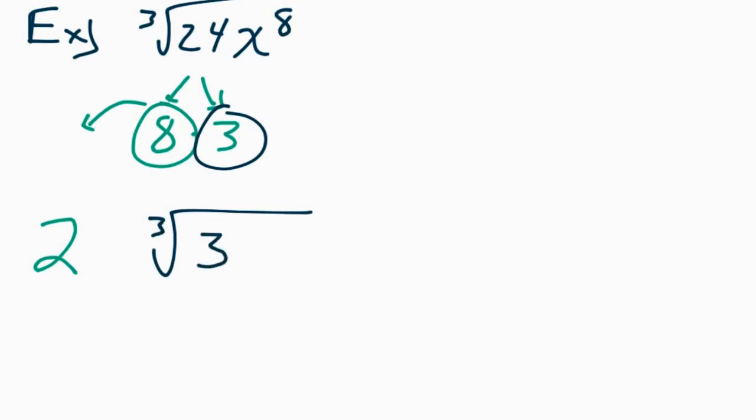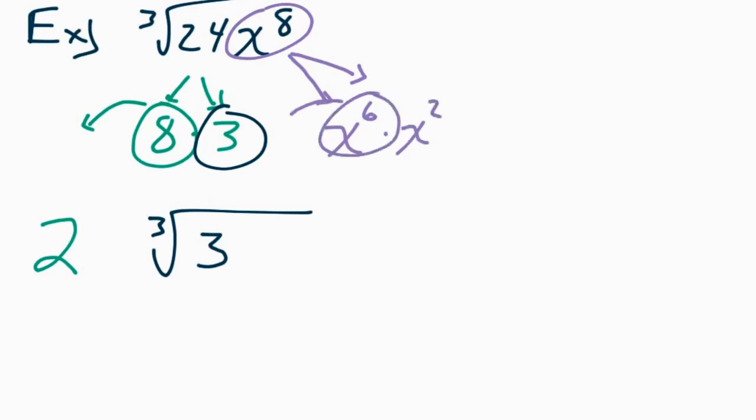Now, that's how you do it with actual numbers. When you have a variable, the thinking is a little different. You want to think, what's the highest amount of x that's inside of x to the 8 that roots evenly? The highest amount of x inside of x to the 8 would be x to the 6. Now, that requires us to also think of an x squared as part of that, but it's this x to the 6 that's able to come out.